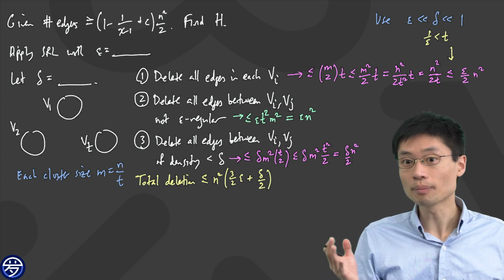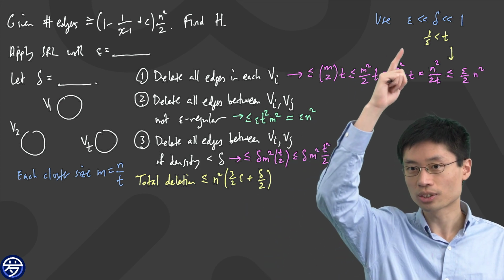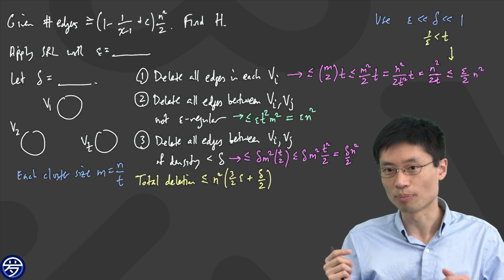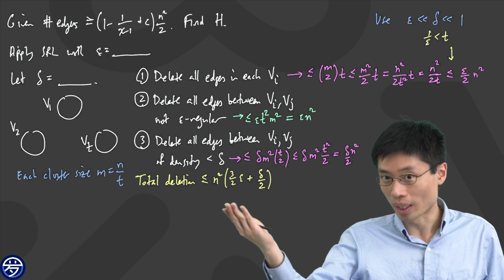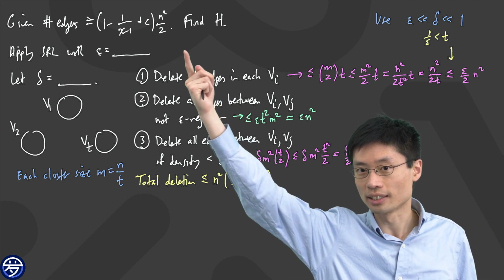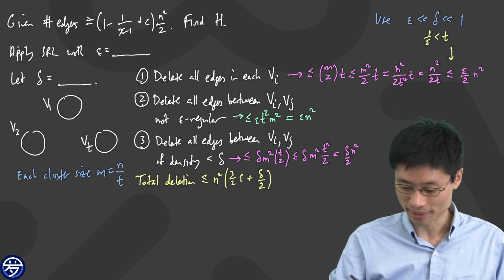And this makes me happy because I could, in theory, make these small. Remember, I'm going to choose epsilon to be really tiny. I'm going to choose delta to be the next level of big. But I could, if I wanted to, choose these so that this is all less than c n squared over 2. And that's actually what we are going to want.